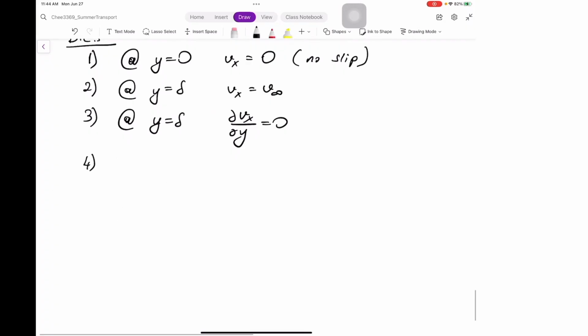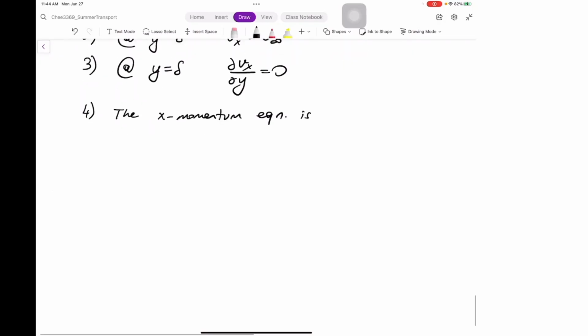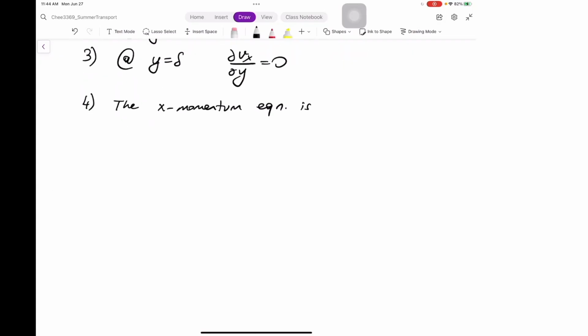4, the x momentum equation gives us another boundary condition at y is equal to 0. Vx del Vx over del x plus Vy del Vx over del y is equal to mu del squared Vx over del y squared.